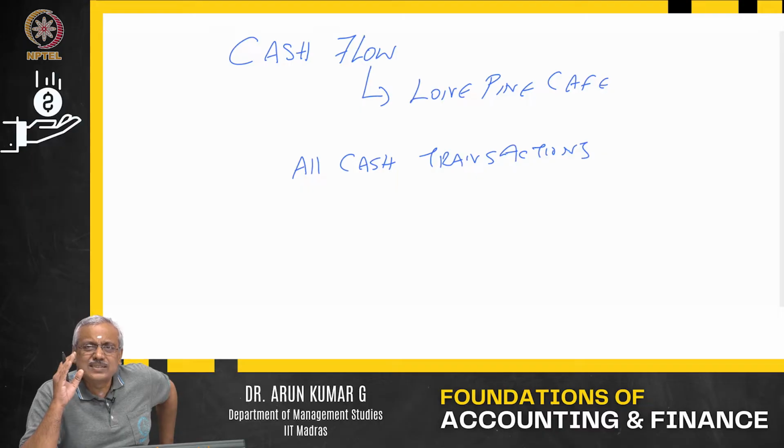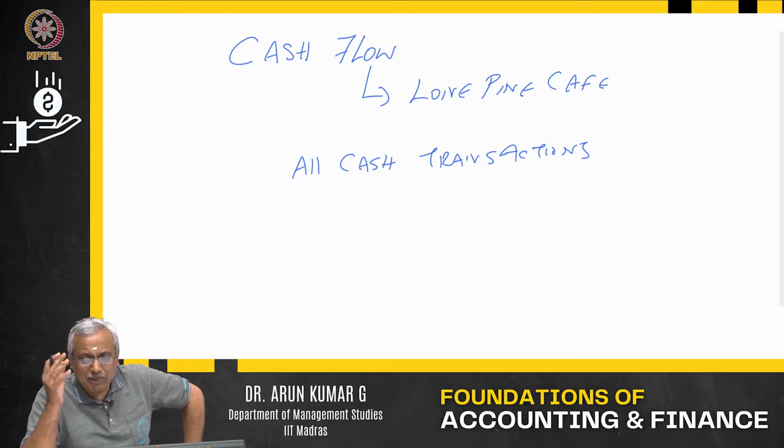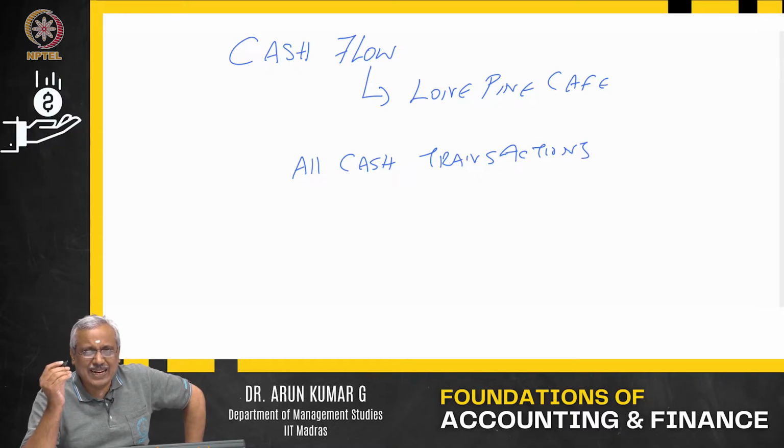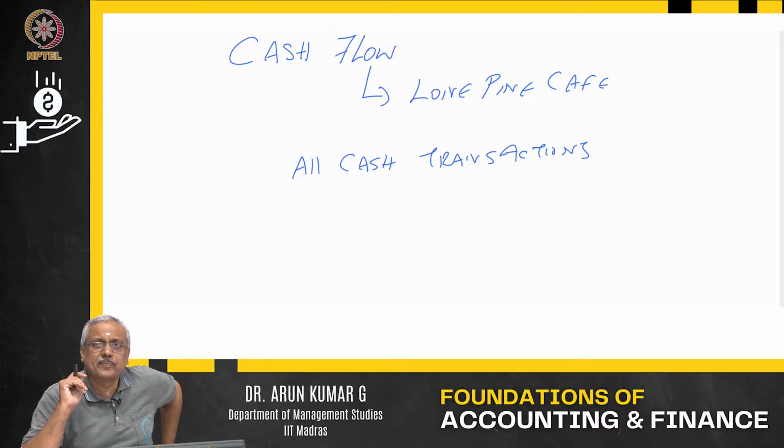Can you start tracking all the cash transactions, compile it at the end of every quarter or every year and prepare a cash flow statement? Is it humanly possible? Though yes, humanly possible, the number of transactions, the amount of time it will take, the amount of effort involved will be really huge, because you have to track transaction by transaction. Where is the cash? Where has the cash gone? You have to look at all the cash book and then start doing it.